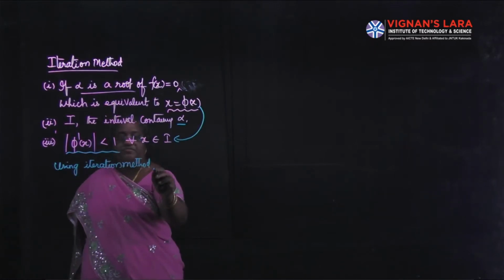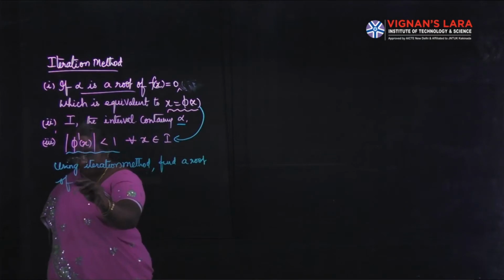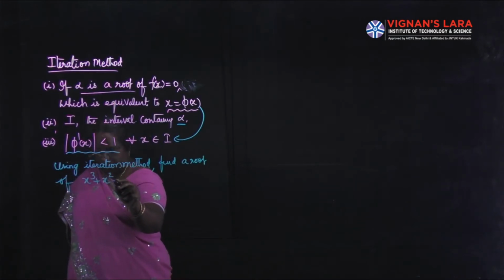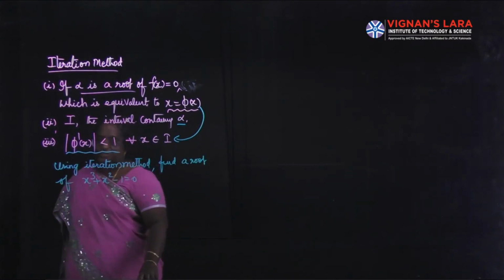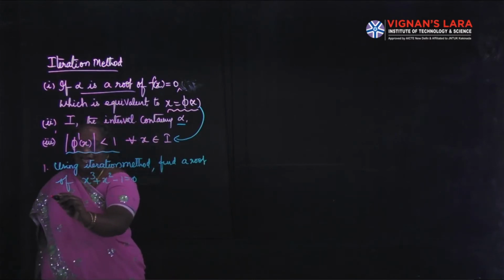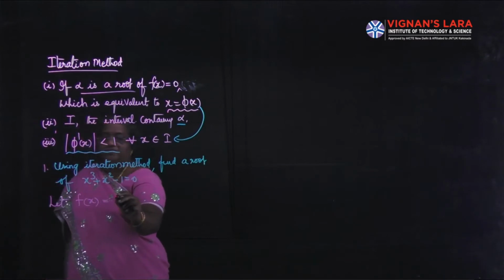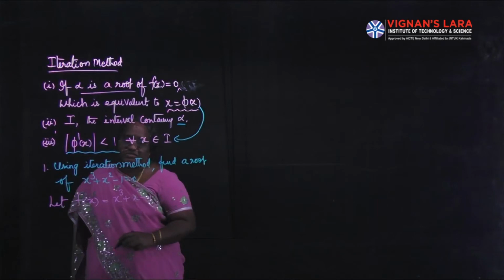Find a root of the equation x cube plus x square minus 1 is equal to 0. So this is the problem. Here let f of x is equal to x cube plus x square minus 1. For all the problems we need to find between which two values the root is.